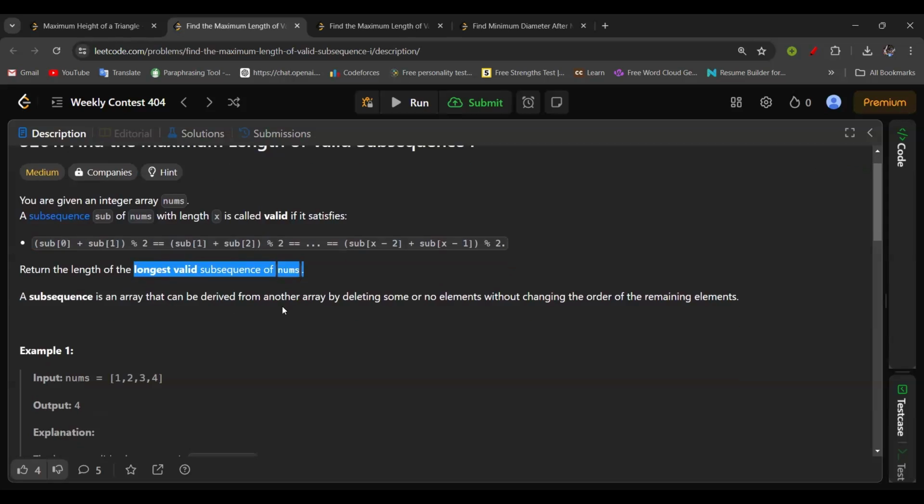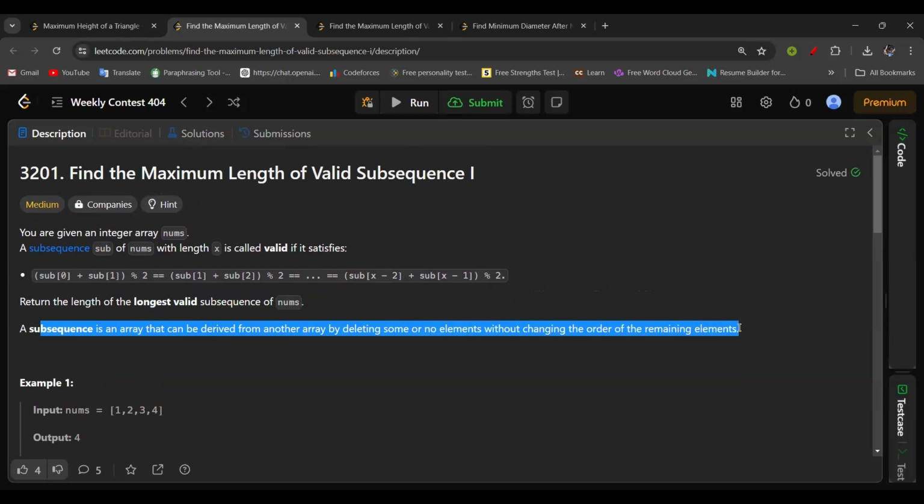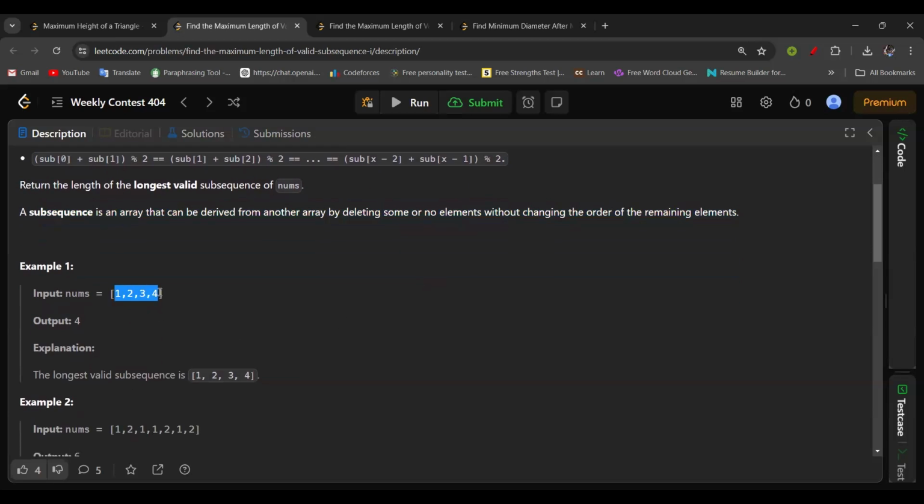Now, the definition of a subsequence is given. A subsequence is any array that can be derived from another array by deleting some or no elements without changing the order of the remaining elements. Basically, if you have an array 1, 2, 3, 4, a subsequence is a subset keeping the order the same. So you can pick some elements and delete others.